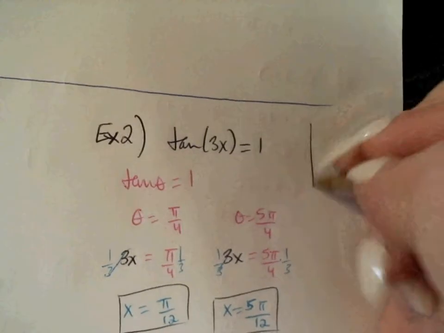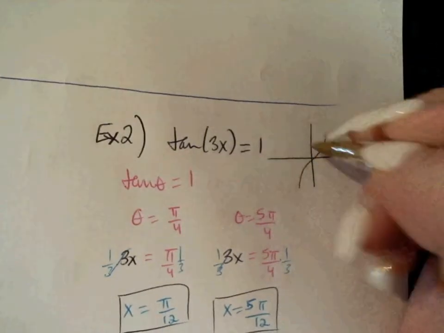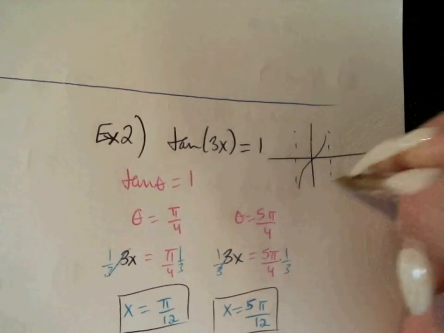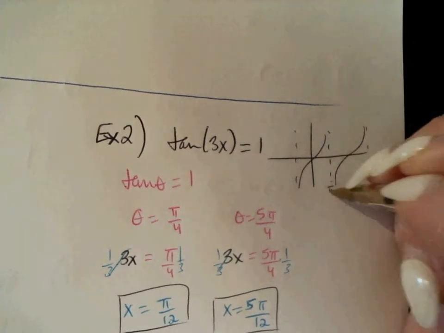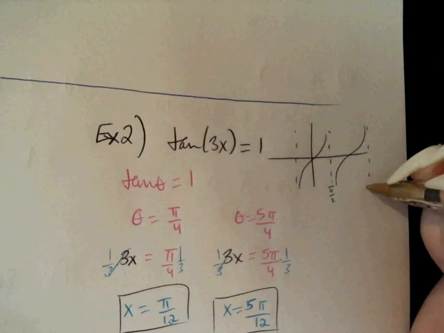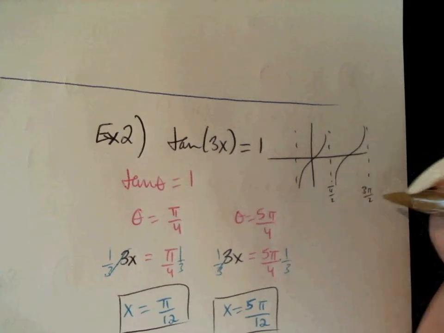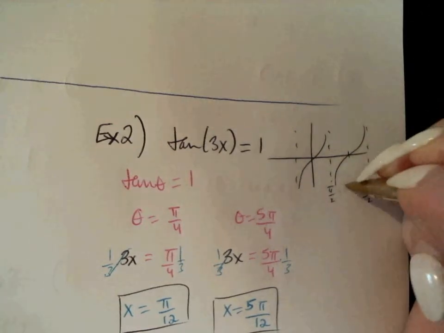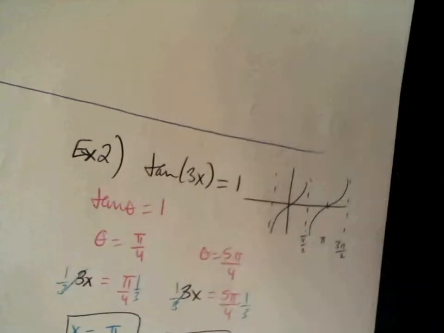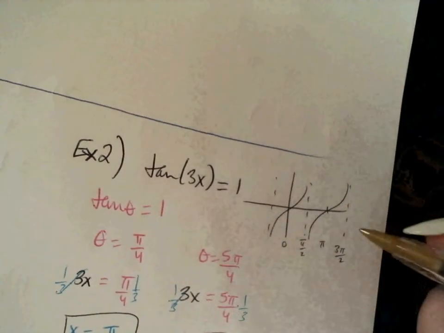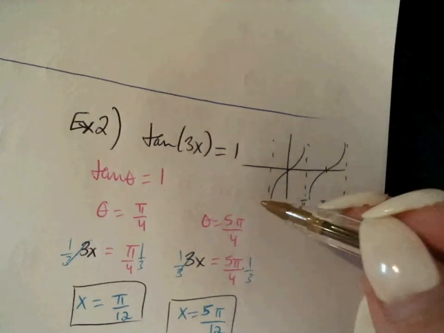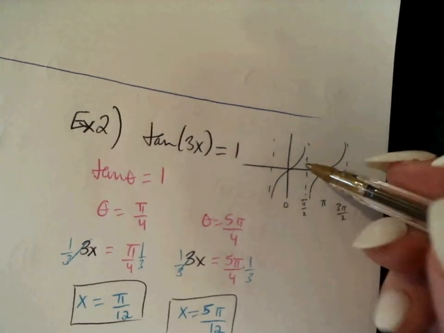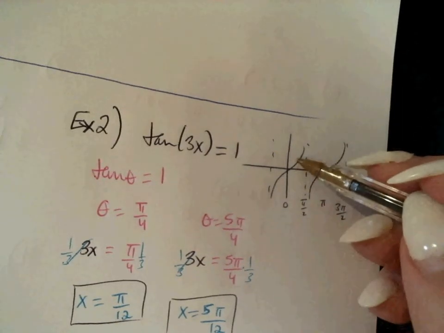If you think about the graph, tangent equals 1. This is pi over 2. This is 3 pi over 2. This is pi. This is 0. So when you compress it by a third, we have it at pi over 4.